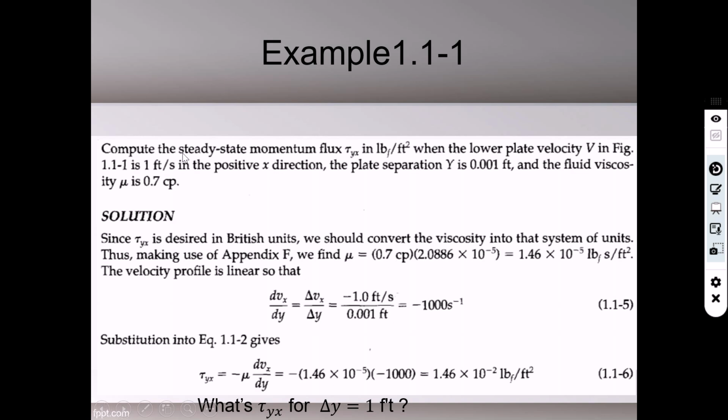BSL says compute the steady state momentum flux tau y in this unit, when the lower plate velocity v in figure 1.1-1 is 1 feet per second in the positive direction, the plane separation y is 0.001 feet, and the fluid viscosity mu is 0.7 cp.